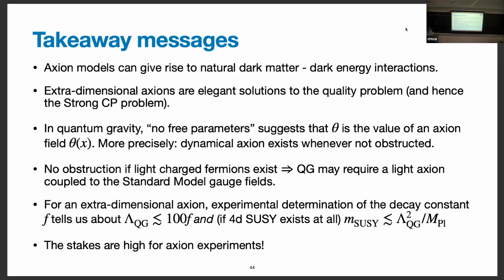And I've also suggested that there may be some general bounds that if we can measure an axion decay constant, we learn something about the species scale, and in turn, if there is supersymmetry at any scale, we learn that it must be below an interesting scale. So I think the stakes are very high for axion experiments, not only for the traditional reasons, but because they really might tell us something fundamental about very UV physics. Thank you.